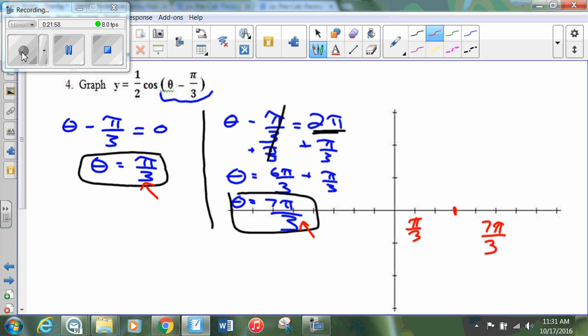So we'll add pi over 3 to 7 pi over 3. We'll get 8 pi over 3, but we're not done, because then we have to divide by 2, which is the same thing as multiplying by 1/2. So that's going to give me 8 pi over 6, which I'm going to reduce to 4 pi over 3.